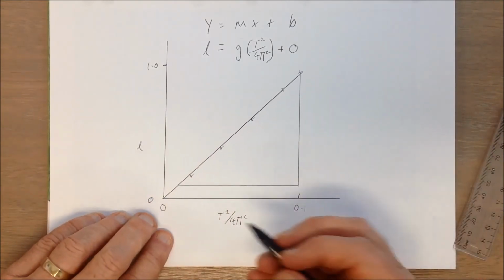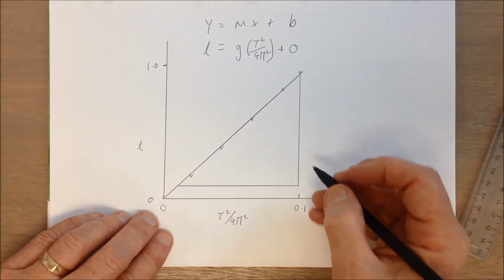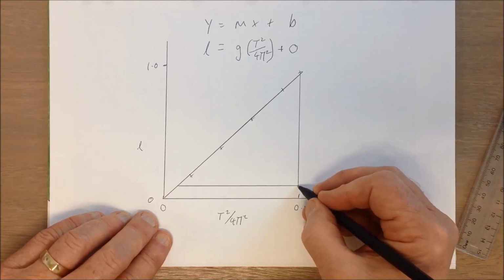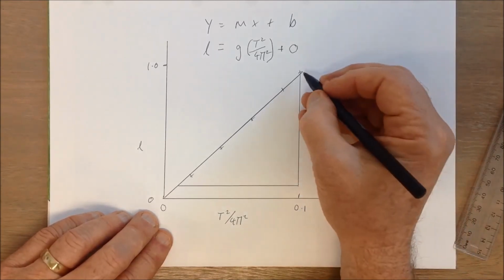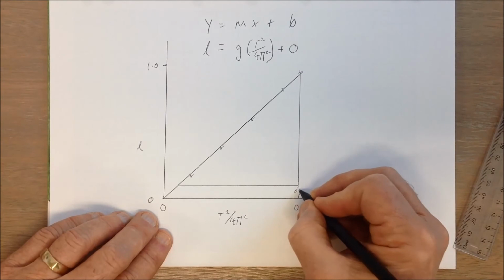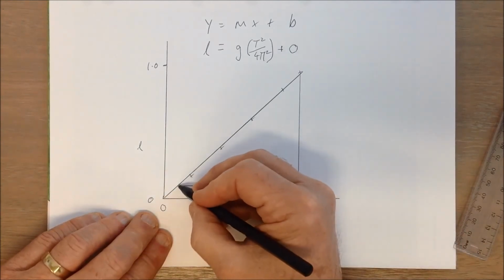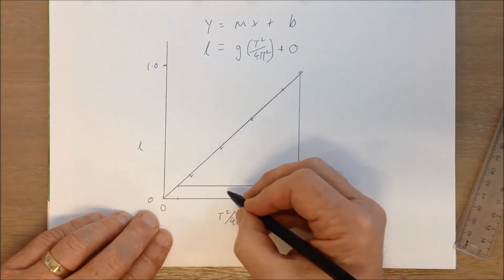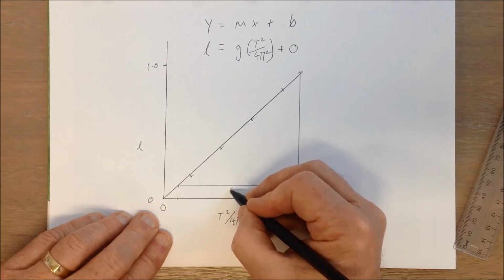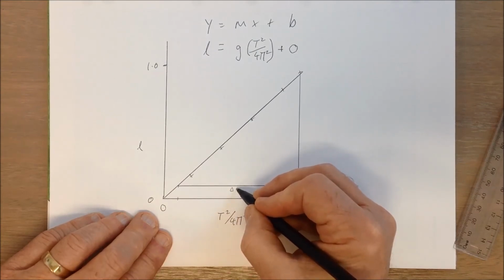And you need to use the units along the axis. And so if we've gone out to about 0.1 here, then this would be about 0.1. Over here you would have to look down there and see what that distance is, and you actually have to work out what is that distance there.